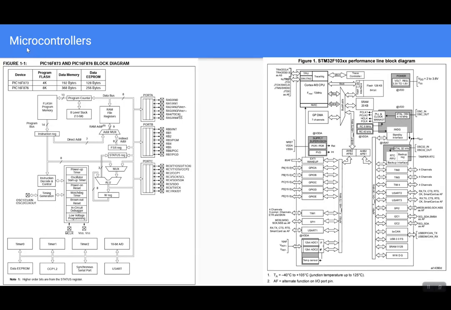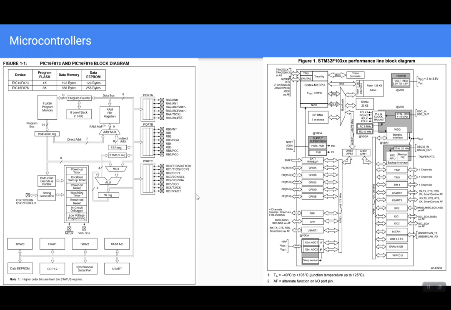So again, these are microcontrollers. This is the PIC from Microchip, the PIC F877 series or 7X series of microcontrollers, and as you can see, it has a lot of blocks, and we will discuss the most commonly used blocks in different microcontrollers during the course.